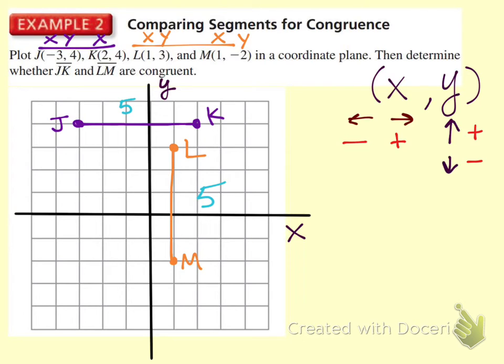So we figured out, are they congruent? Yes. So now we want to state that they're congruent. So JK is congruent to LM. That's it. JK is congruent to LM.